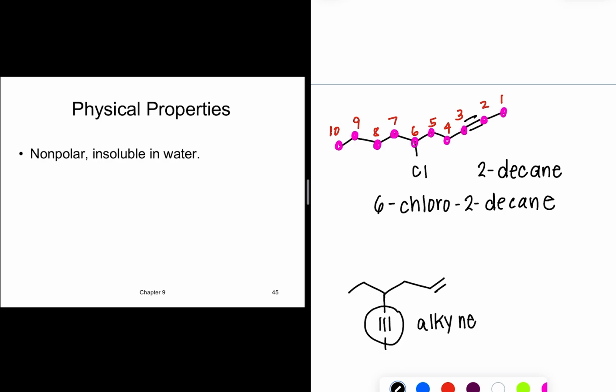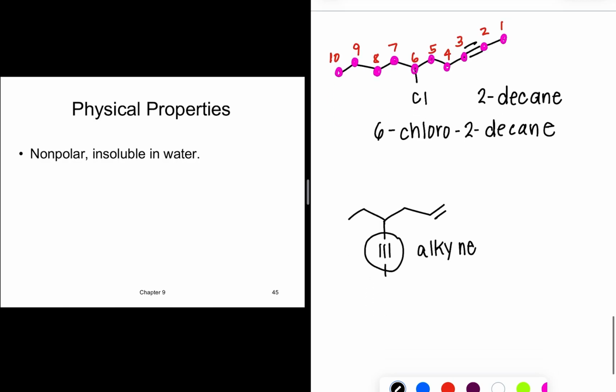In the naming, the alkyne would take preference. However, I am not going to test you on this. You don't need to worry about that too much, but just to tell you, the alkyne would take preference over the alkene.